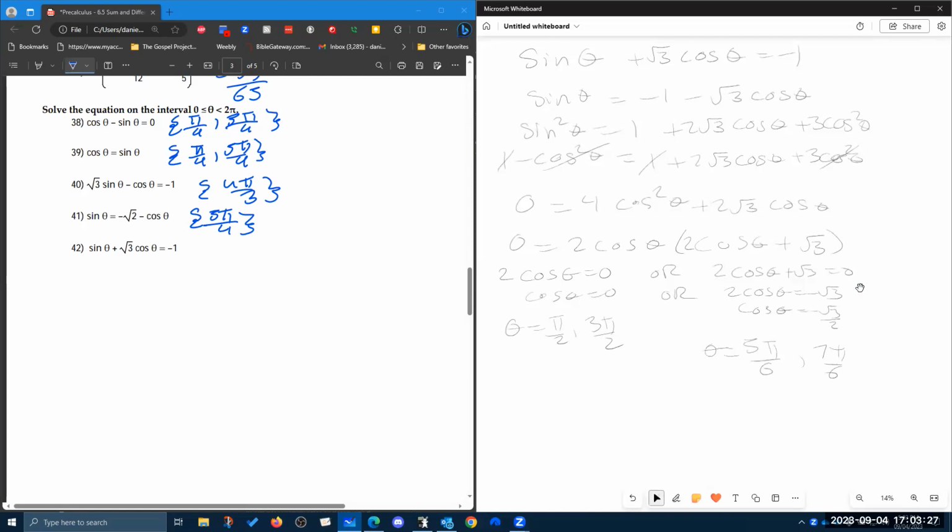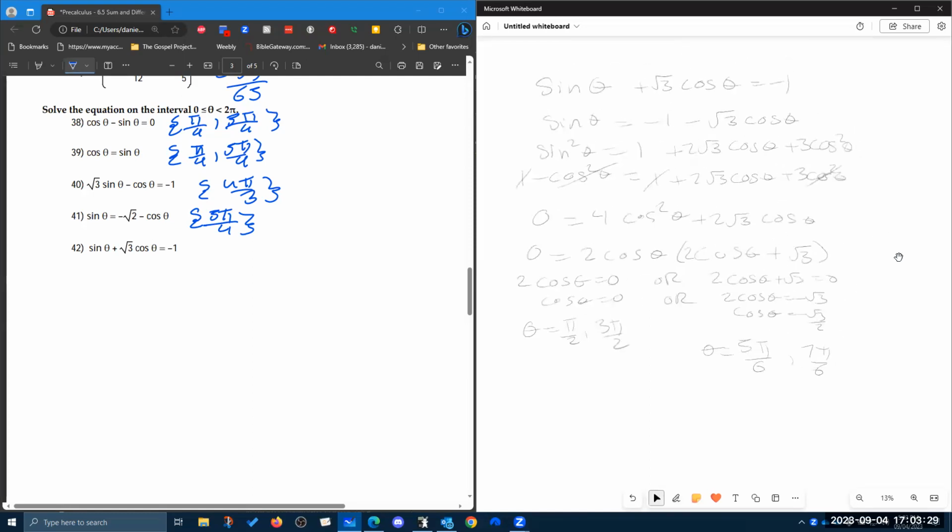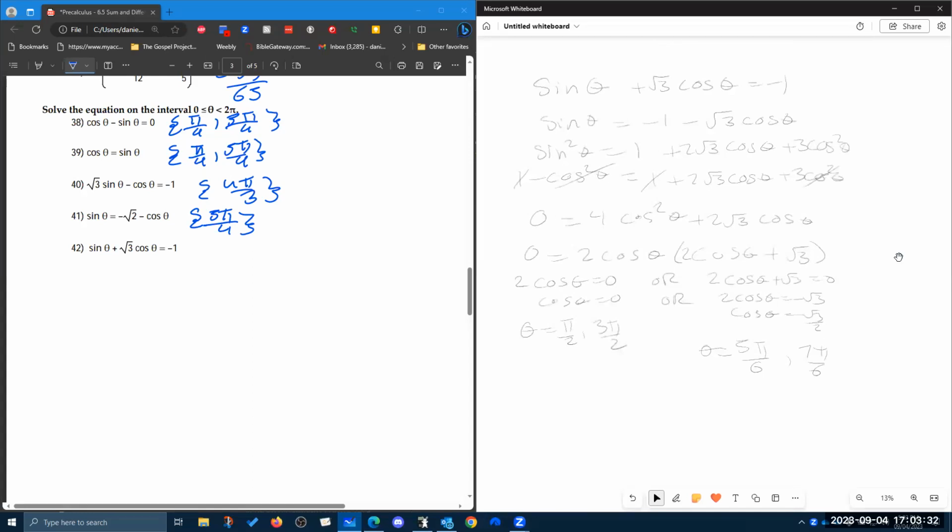Let's check my answers. So sine of pi over 2 is 1. Cosine of pi over 2 is 0. Is 1 equal to -1? It is not.